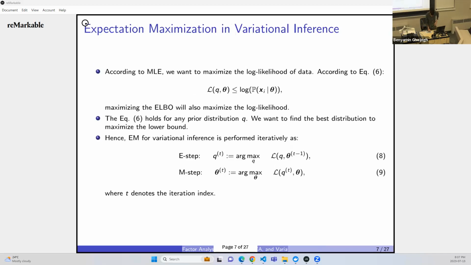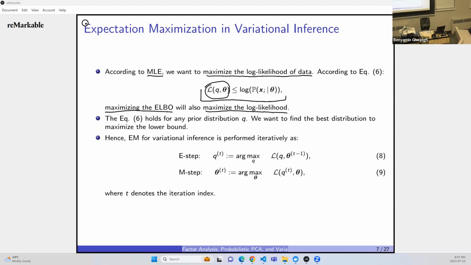According to maximum likelihood estimation, we want to maximize the log likelihood of data, right? Also, we know that this ELBO is the lower bound. We found it. So maximizing the ELBO will also maximize the log likelihood. This is a good technique in optimization.